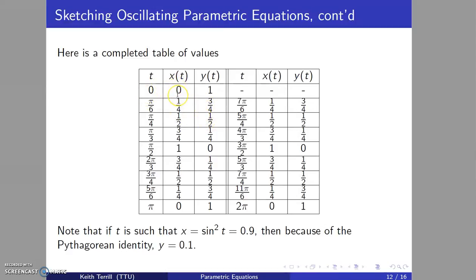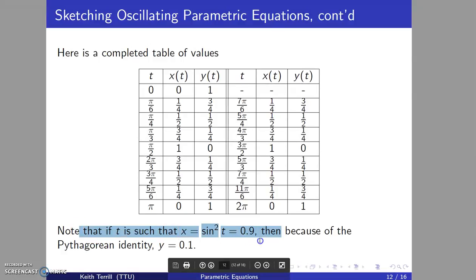And curiously enough, my x-coordinate goes from 0 steadily, linearly up to 1, and then linearly back down to 0. And if we were to keep going, back up to 1, back down to 0. Similarly for the y's, it starts at 1, goes down, then back up, and then down, then back up.